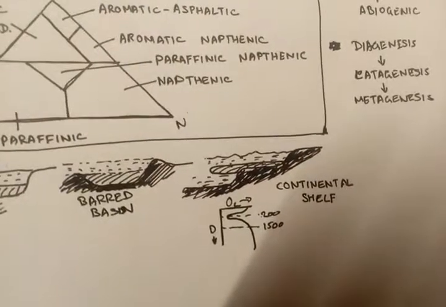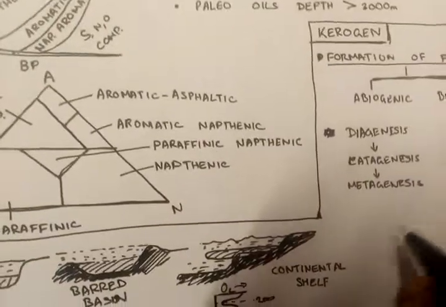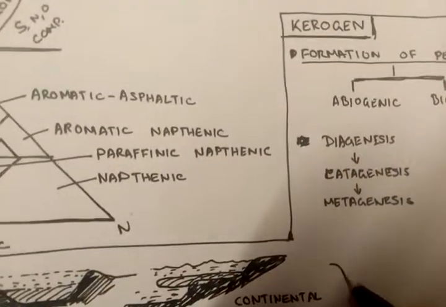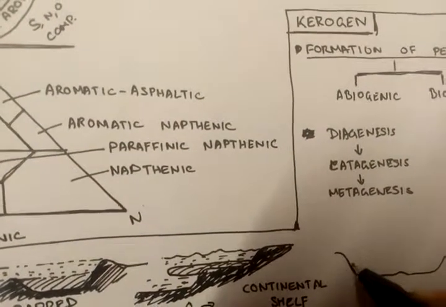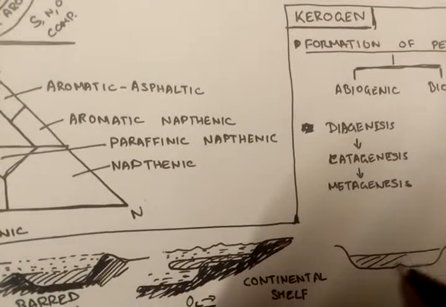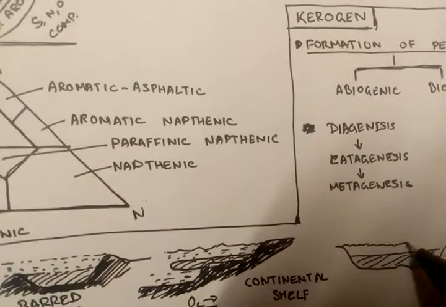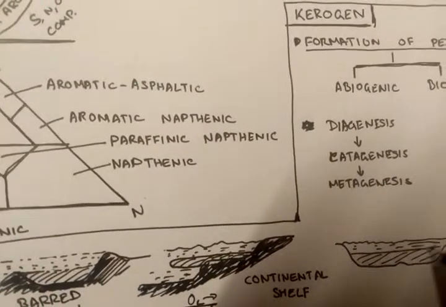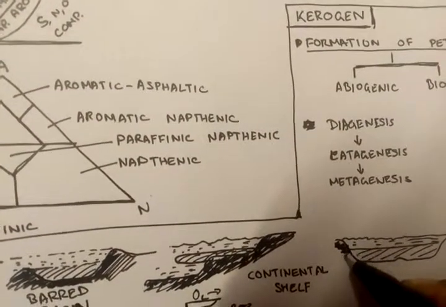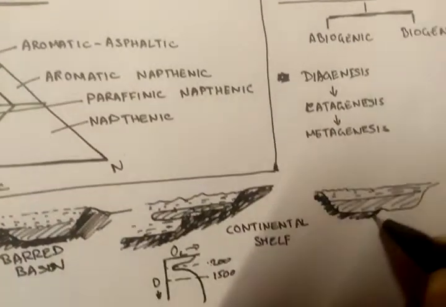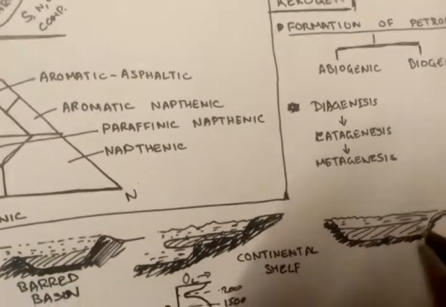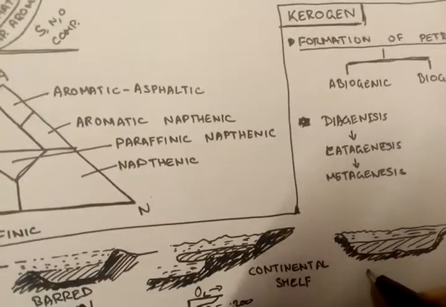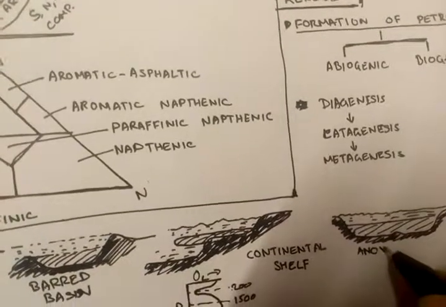So say we have, this is an ocean basin. So this part, the ocean floor, is anoxic.